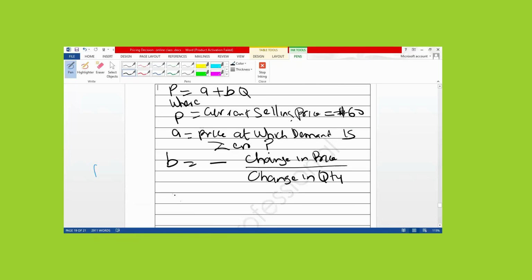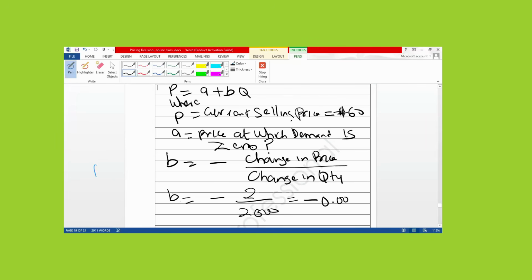Return here: my B is equal to minus 2 over 2,000. Please work this out. What do we have? Hello, sir, that A is the price at which demand is 0.